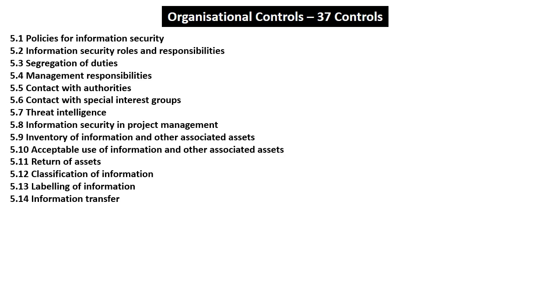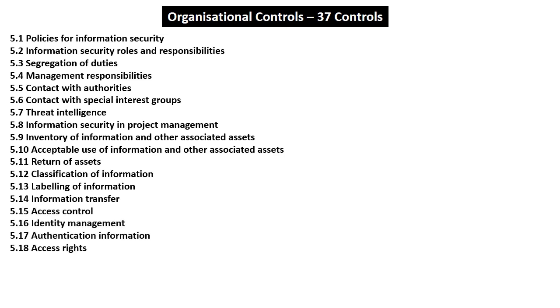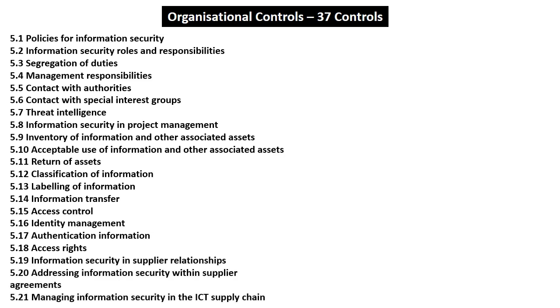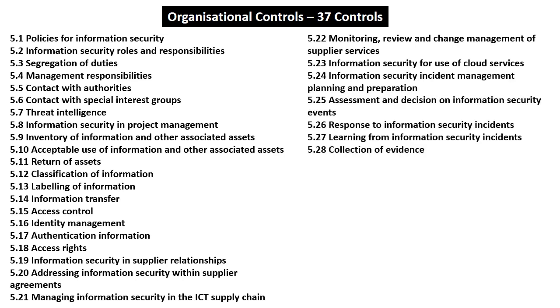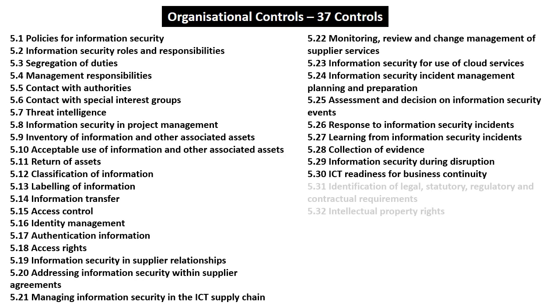5.12, 13 up to 14 deals with information classification and transfer. 5.15 and 5.18 deals with identity and access management. 5.19 to 5.22 discusses security related to supplier or third party. 5.23 is a new control which talks about how to mitigate the risk of moving to or exiting a cloud. 5.24 to 5.28 discusses controls for the security events and incidents management. 5.29 and 5.30 deals with the business continuity management. 5.31 and 5.32 talks about the controls for legal and regulatory requirements. 5.33 and 5.34 deals with privacy related controls.